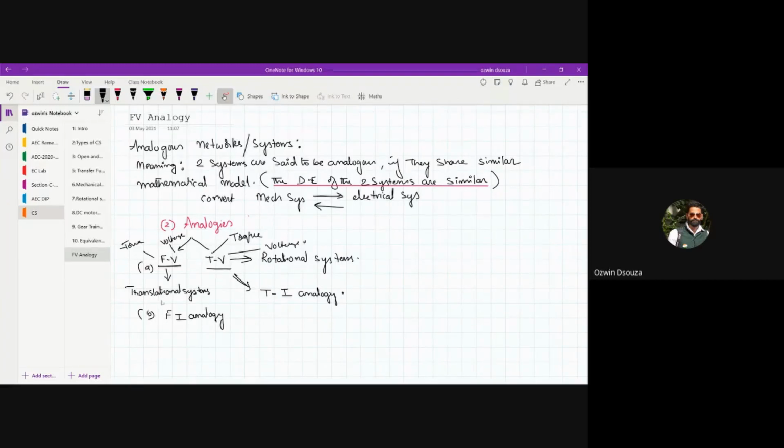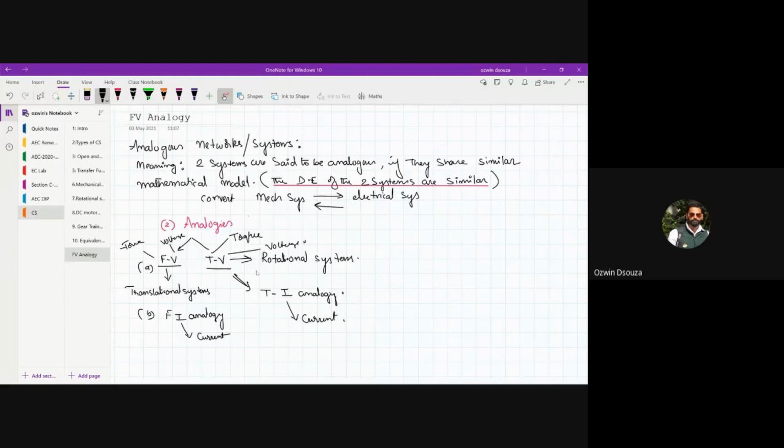F remains the linear forcing function, I stands for current, and T stands for torque. So in translational systems, you can have two types of analogy: force-voltage analogy and force-current analogy. Similarly, in rotational systems, you can have torque-voltage or torque-current analogy.